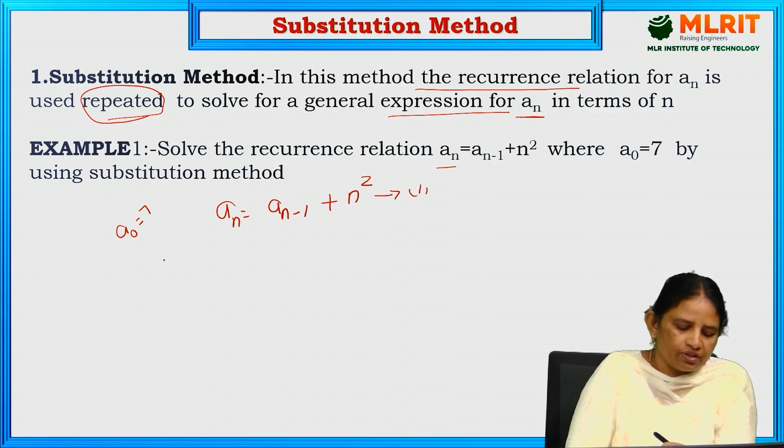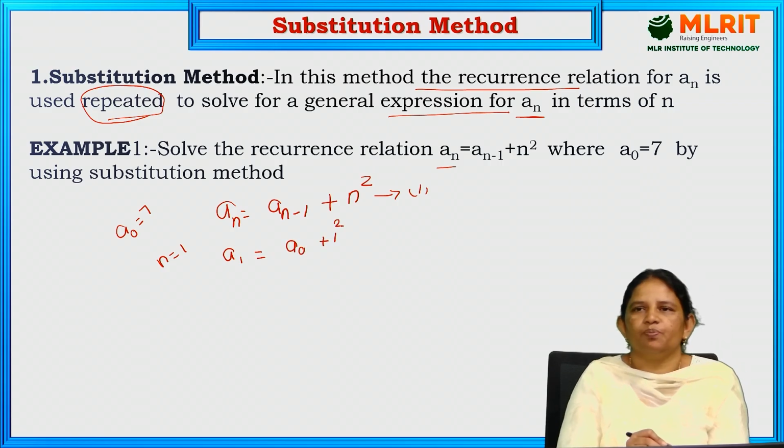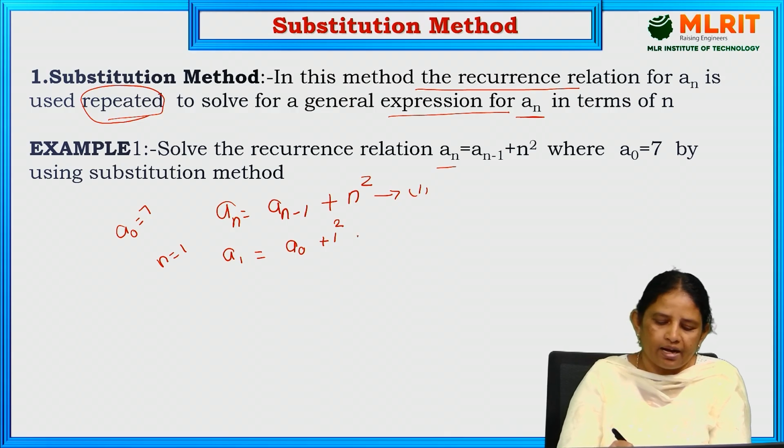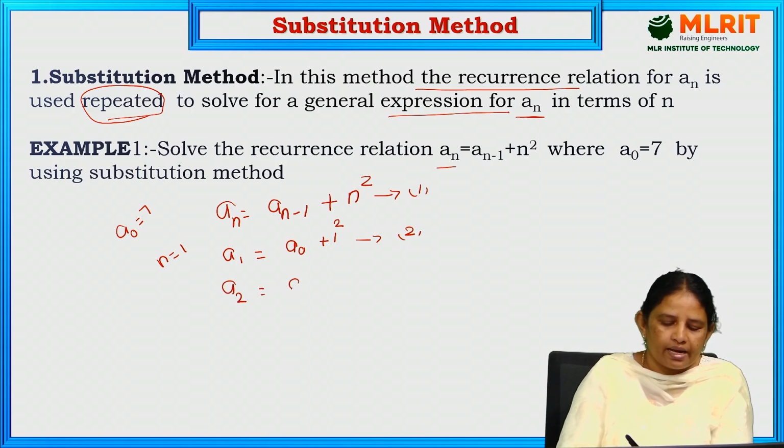Then start with n equal to 1. Then a1 equal to a naught plus 1 square. We don't need to simplify the expression, we just need to expand it. A1 equals a naught plus 1 square, that is equation number 2. Next, a2 means a1 plus 2 square.